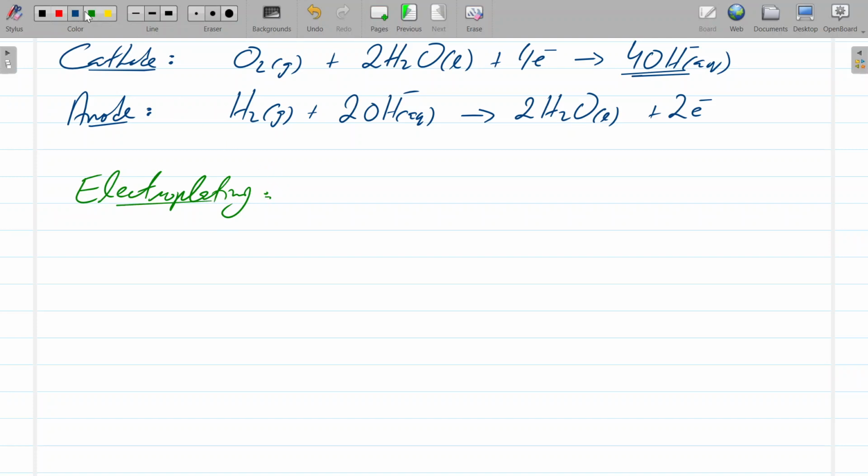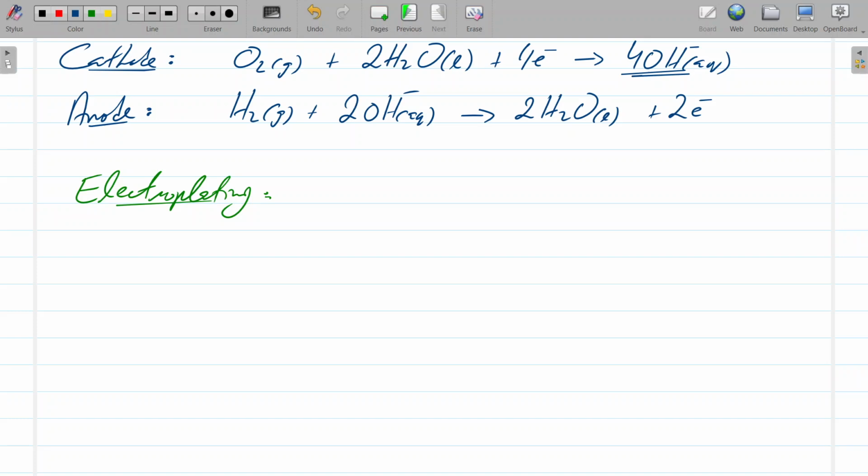So electroplating is a process where you coat one metal or an object, even if it's a non-metal, with a metal that has certain properties. And those properties could be either the appearance of that object or making it more resistant to corrosion.